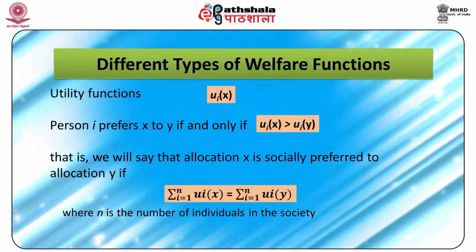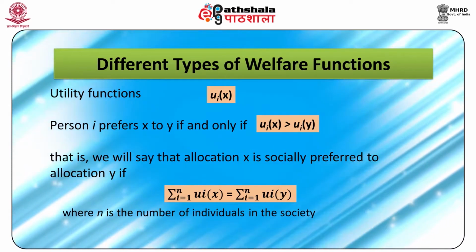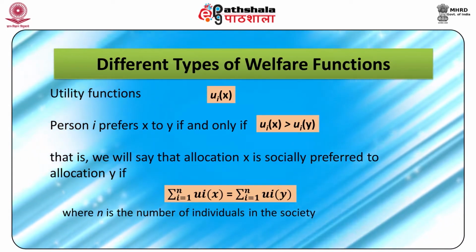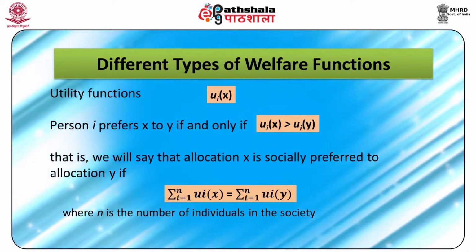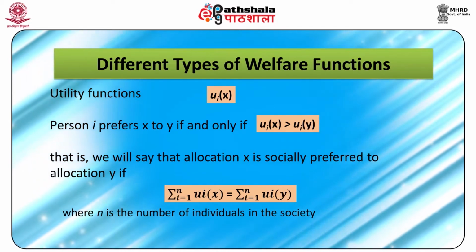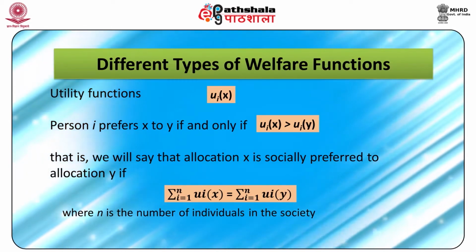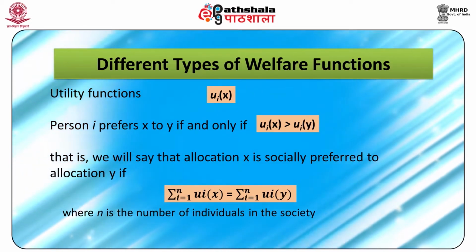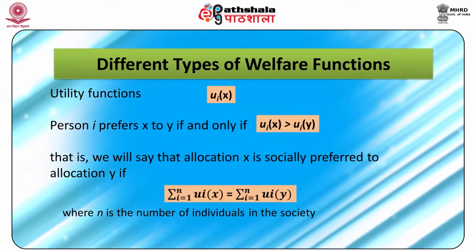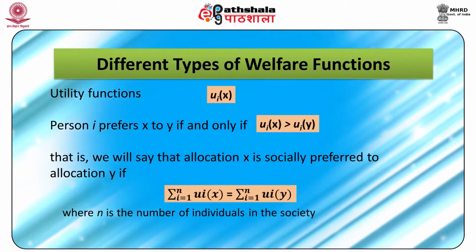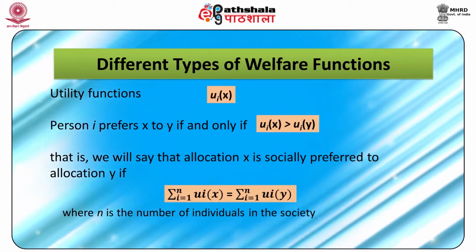Person i prefers x to y if and only if u_i(x) is greater than u_i(y). Let us pick some utility representation. Then one way of getting social preference from individuals' preferences is to add up the individual utilities and use the resulting number as a kind of social utility.